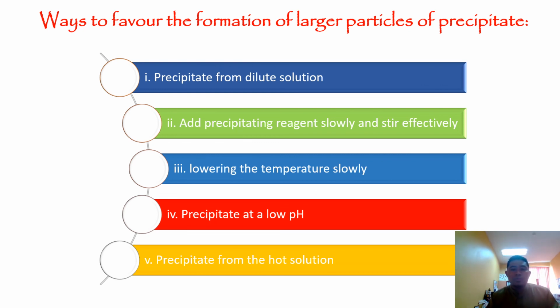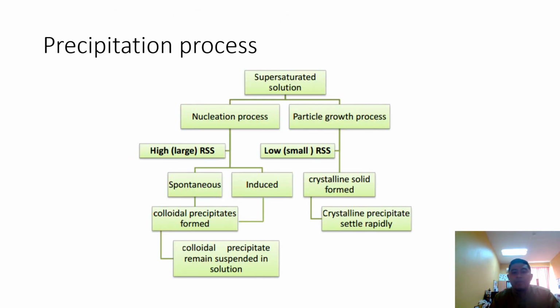So what you should do, you need to just add little by little amount of the precipitating reagent. As I said, lowering the temperature slowly is good. Precipitate at low pH and precipitate from the hot solution. Hot solution tu bukanlah yang panas betul. So untuk this is the chemical kan, chemical mungkin dia punya panas tu adalah 45 darjah, something like that saja.